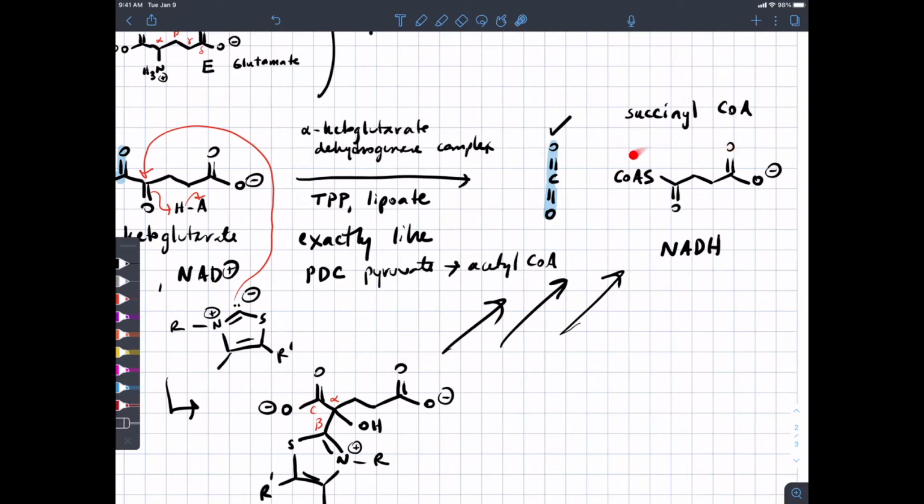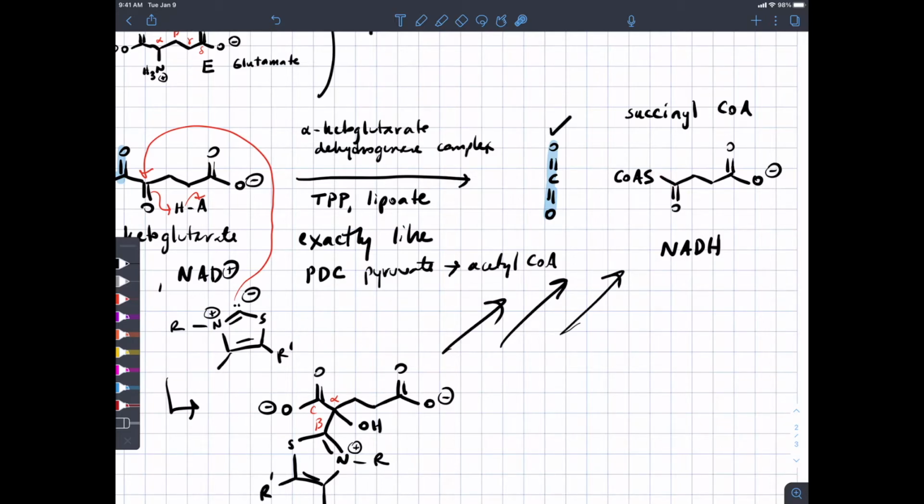Now, if you look at this molecule relative to oxalosuccinate or oxaloacetate. In oxaloacetate, you're going to have a ketone on this alpha carbon, and you'll have just a carboxylic acid here.